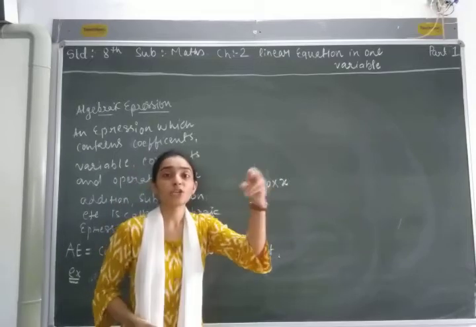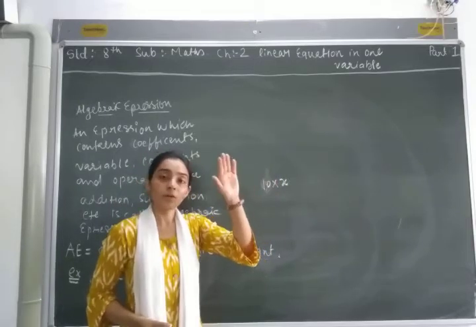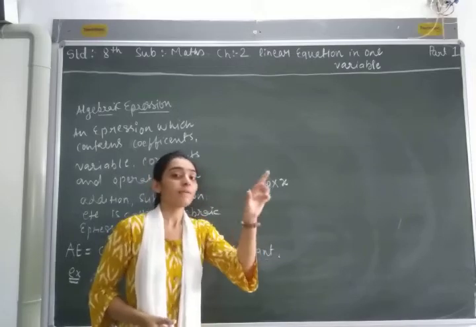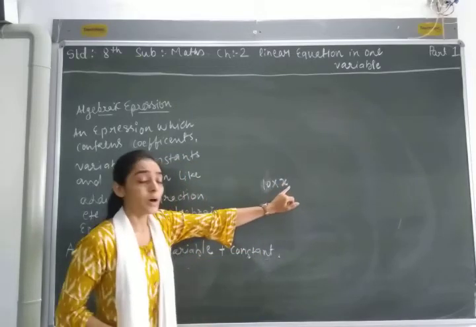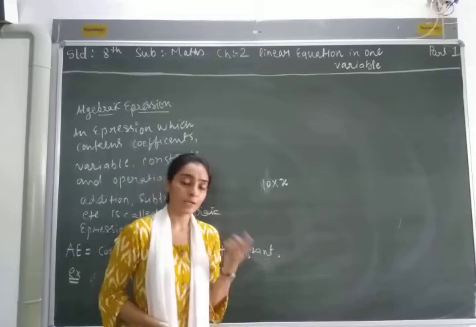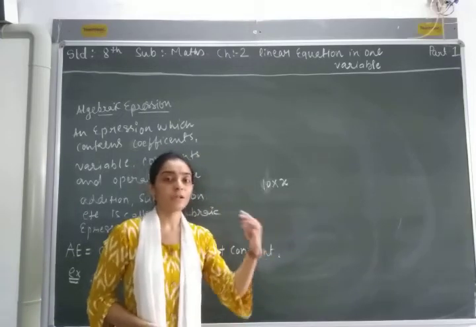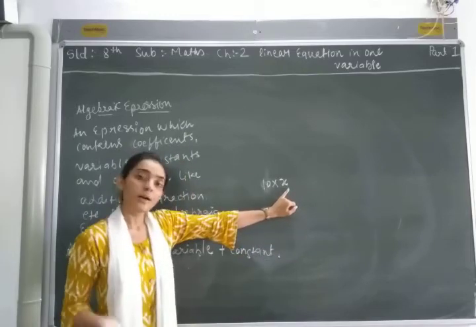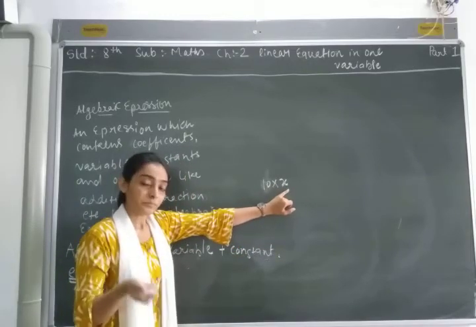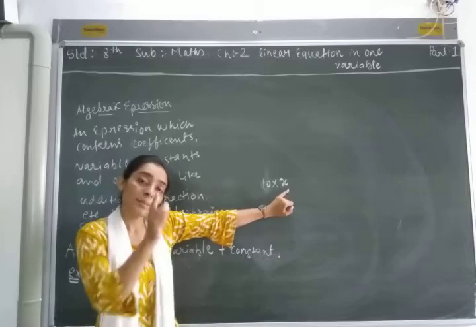What was changing? Varying means whatever is changing, that is called the variable. The number of pens keeps on changing. She wants one pen, she can buy 2 pens, 3, 4, 5. So x is varying, keeps on varying.